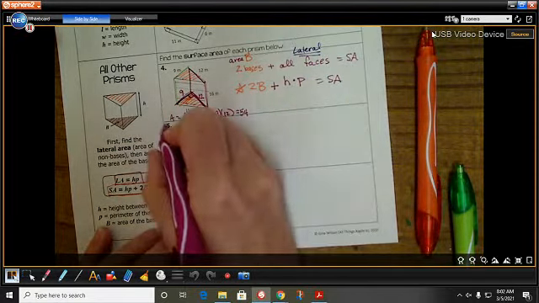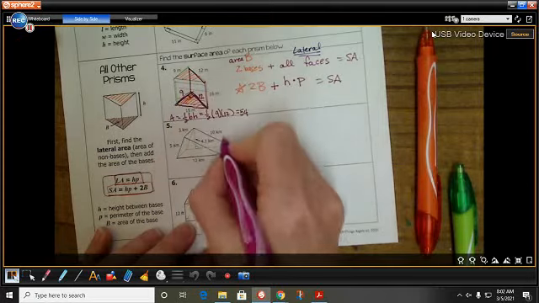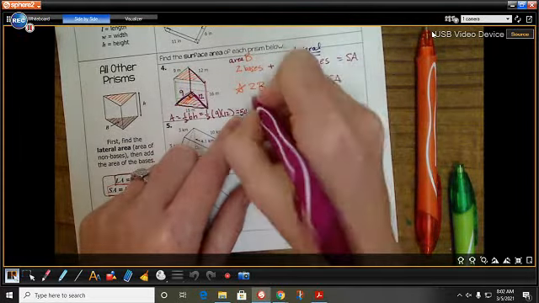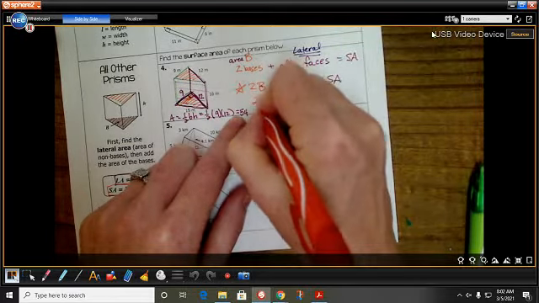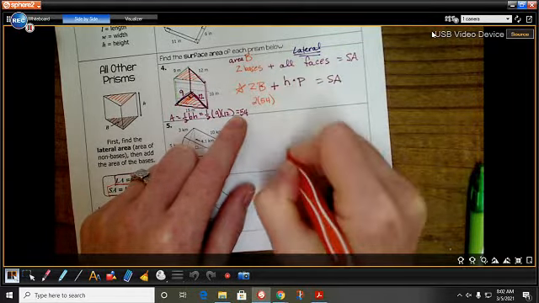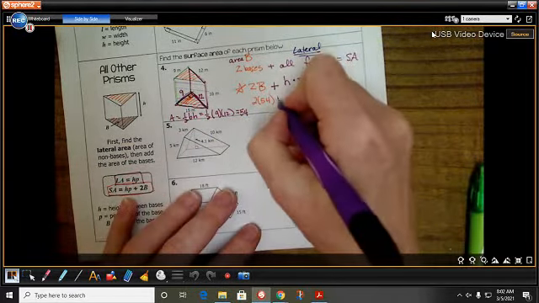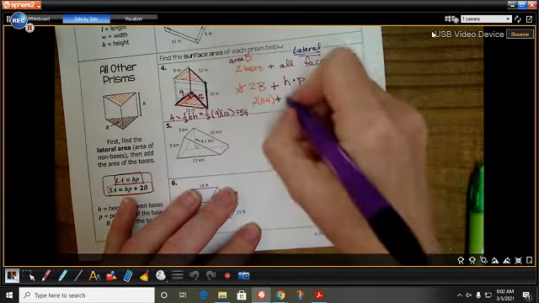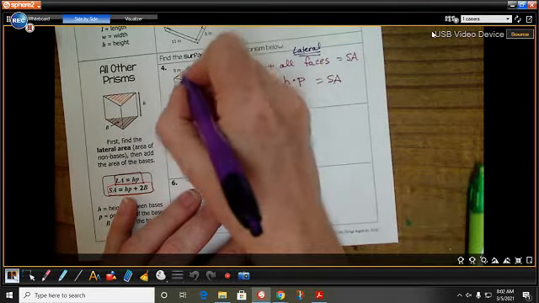So I know that the area of this base is 54. So I'm going to use that as my base here. So I'm going to have 2 times that 54. And then I'm going to add in the height is 16 times, and now I need to find the perimeter.